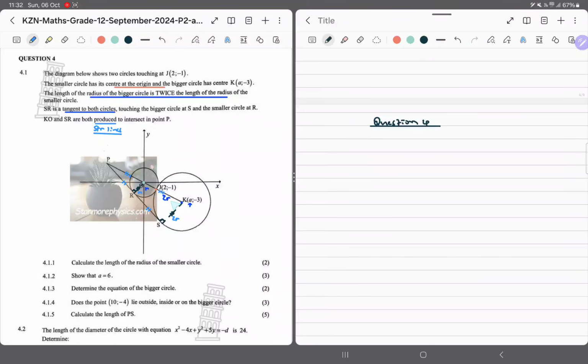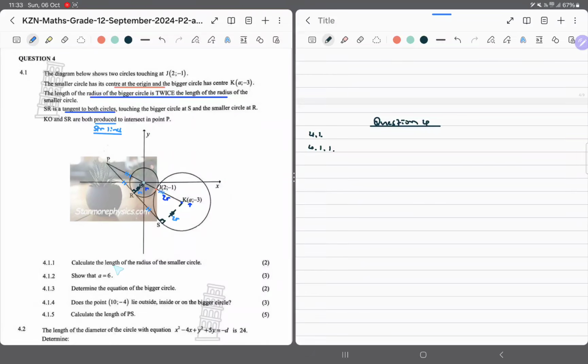Now, if that radius is half the other one, definitely it is the case. Now, this sets up a midpoint theorem of triangles, meaning side PR is equal to RS, or side PO is equal to OK. Can you see? That is easy. Now let's start looking through the questions and see how many we are going to answer with this in mind.